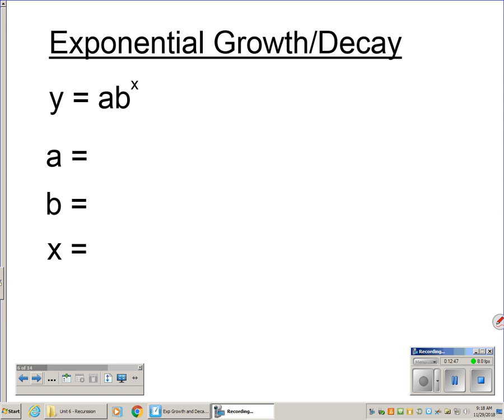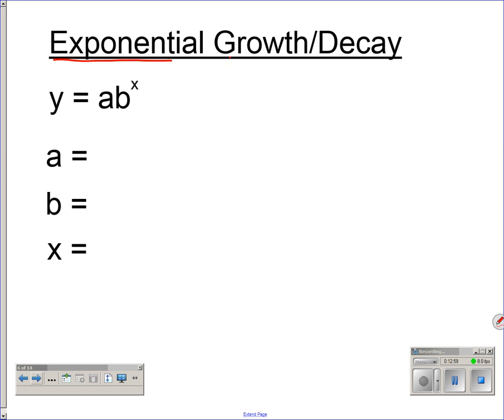Alright, okay, so we talked about infinite geometric series. There's another application I want to talk about, and this is something you've seen in the past, so hopefully you can remember it. Exponential growth and decay. Who remembers seeing that stuff in the past? Yeah, I know you have. Think about the explicit formula for geometric: a sub n equals our first term times our rate to the n minus 1.